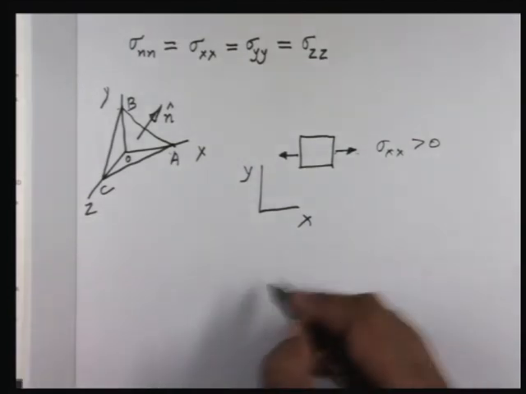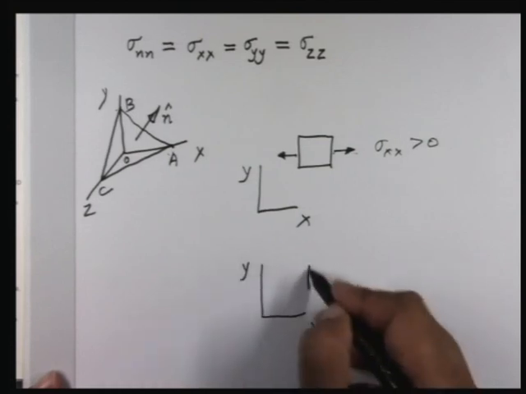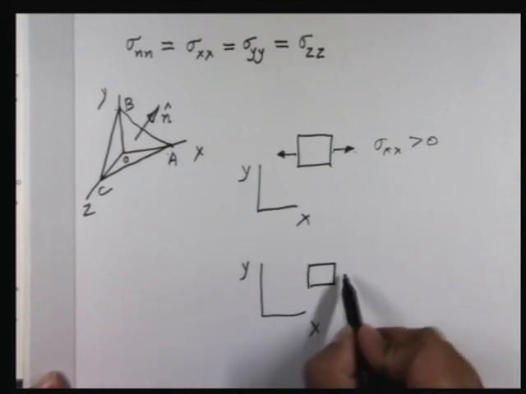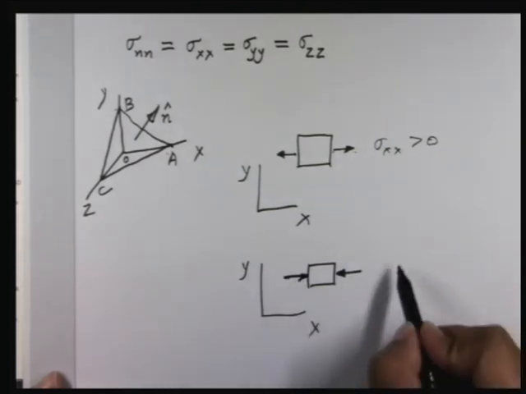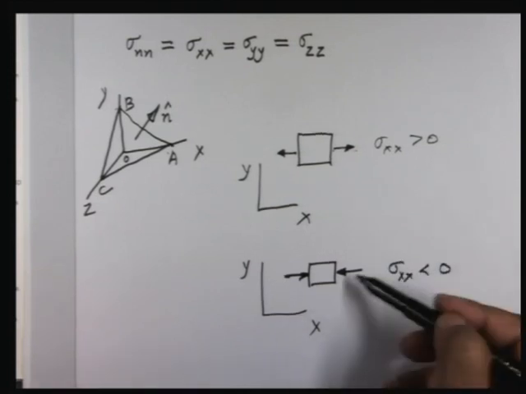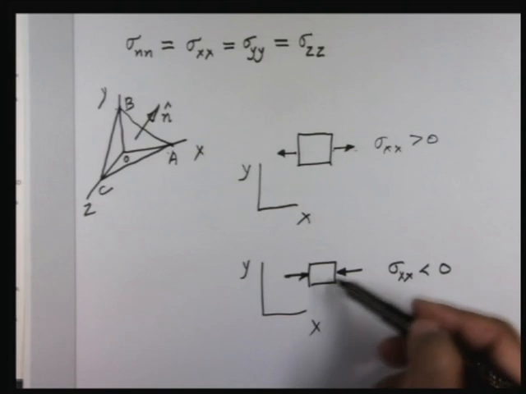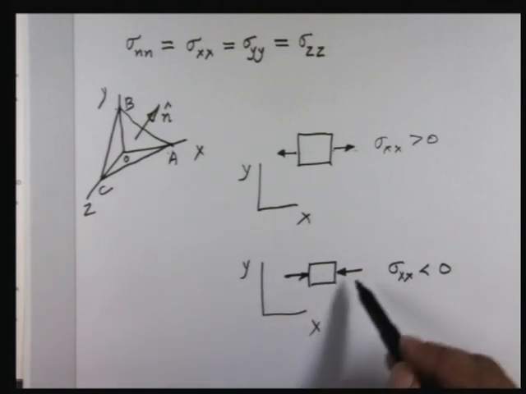Now if you have a similar thing, let us say I draw a rectangular surface here, and sigma XX is negative, then it will act this way on this surface. If it is negative here, it will act this way on this surface. So this is the case when sigma XX is negative. Now you see that these two forces are tending to push these two surfaces together. So this is a compressive stress.